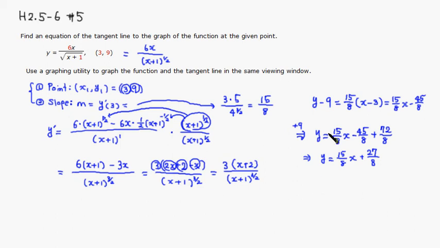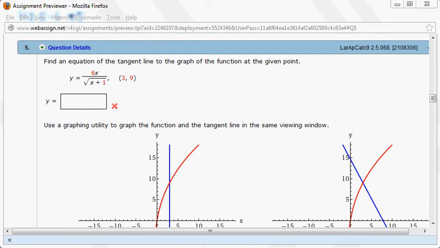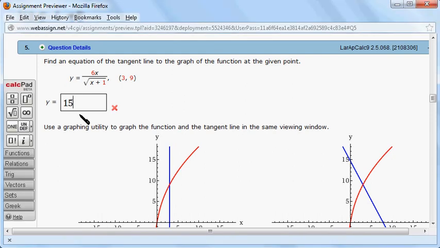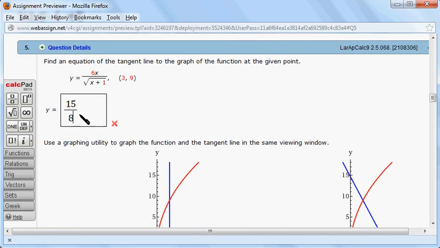So that's that. Let's type this in: 15 over 8 x plus 27 over 8.